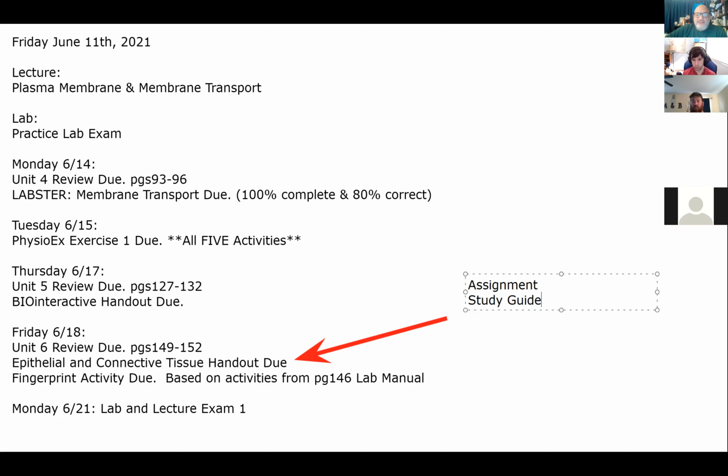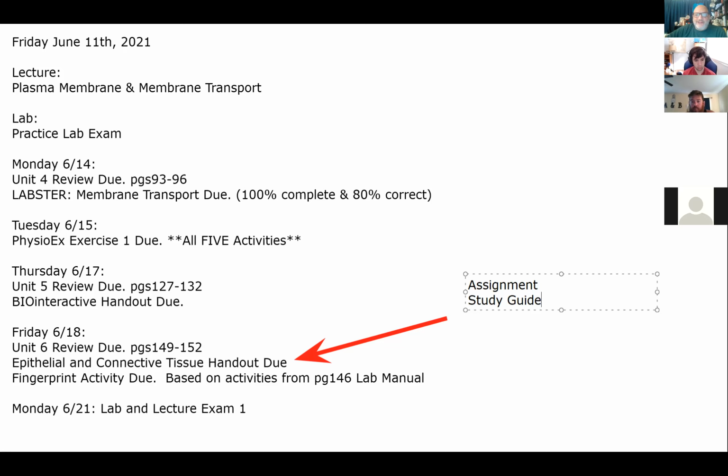However, what I want this to be is an effective study guide for you. So you're going to draw it however it makes sense to you, label the things that are on there, and you will be scanning those or taking pictures of those and turning those into me. And so not only will you get the points for doing it, but then it is also going to be an excellent study guide for you over the weekend going into the lab and lecture exam as well.